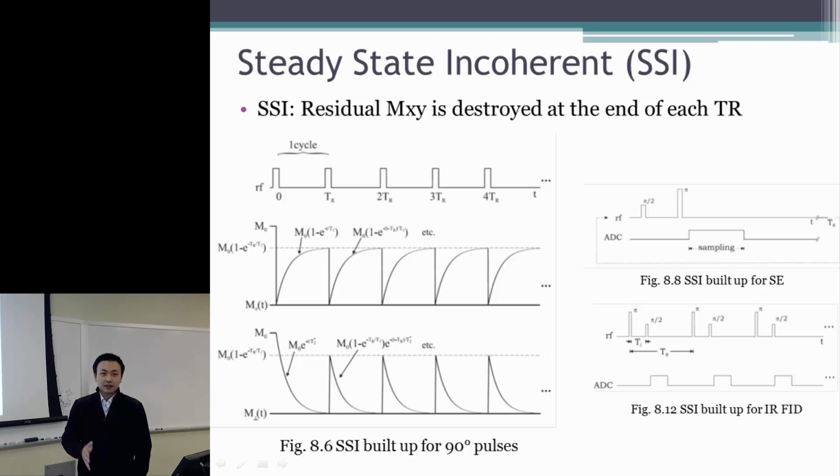That means every excitation pulse only affects the longitudinal magnetization that is left at the end of the TR. So here are several cases.